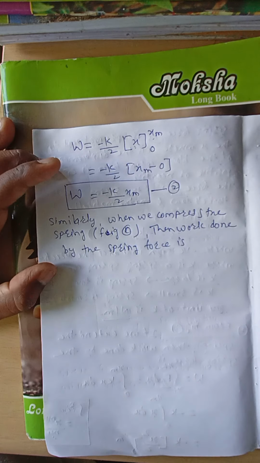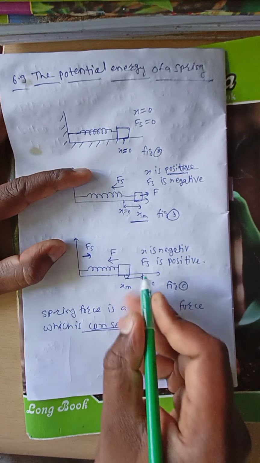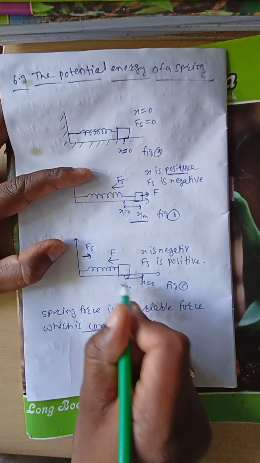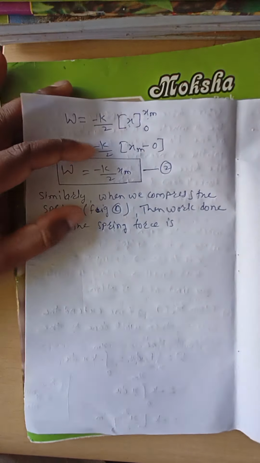When you compress the spring, then the work done by the spring force, in that case, its initial position is x equal to 0 and its final position, as x decreases, is x equal to minus xm.